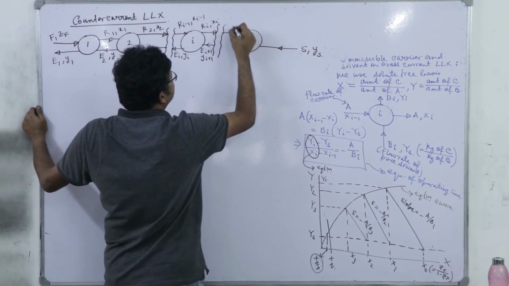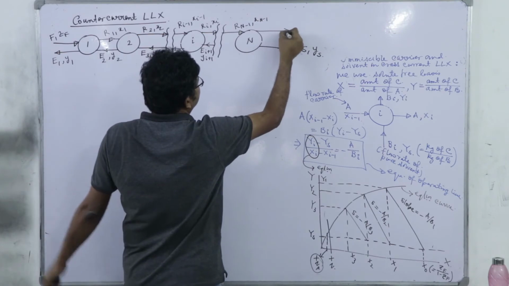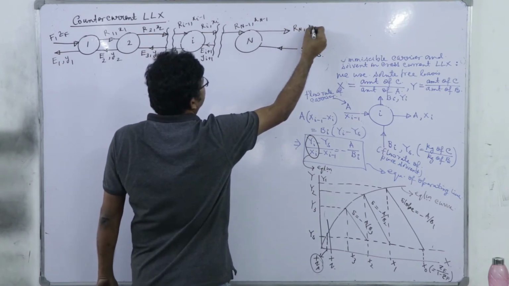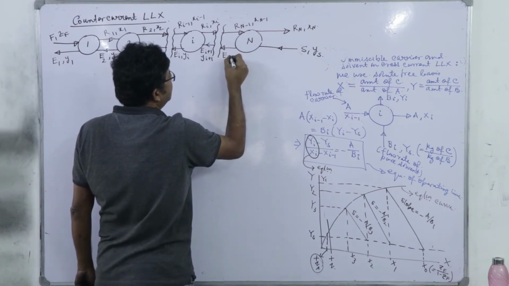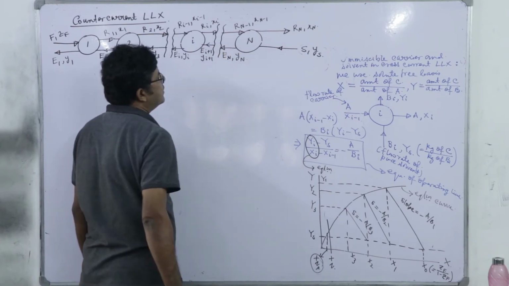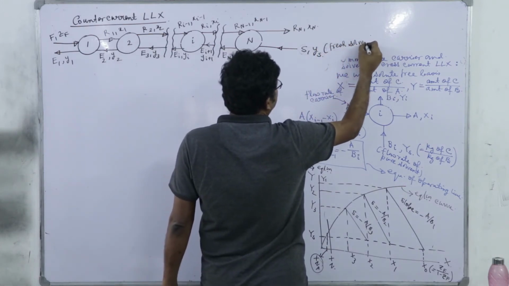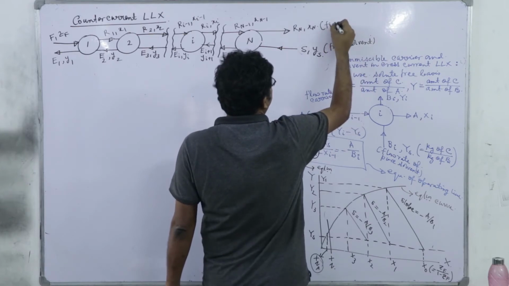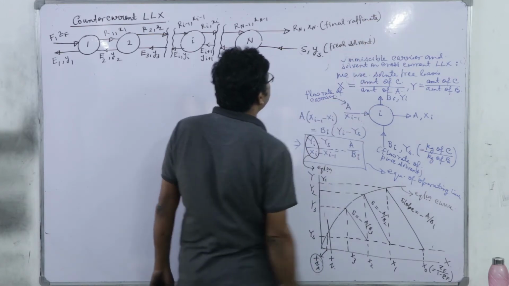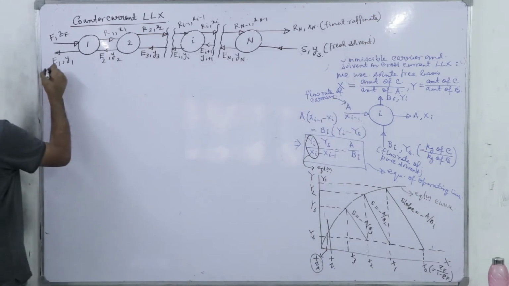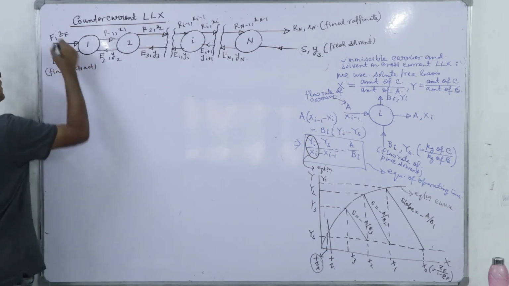So, here it will be Rn minus 1, Xn minus 1, and final raffinate Rn Xn, and we have En Yn, right. So, this is fresh solvent, final raffinate, then it is final extract, and this is the feed.